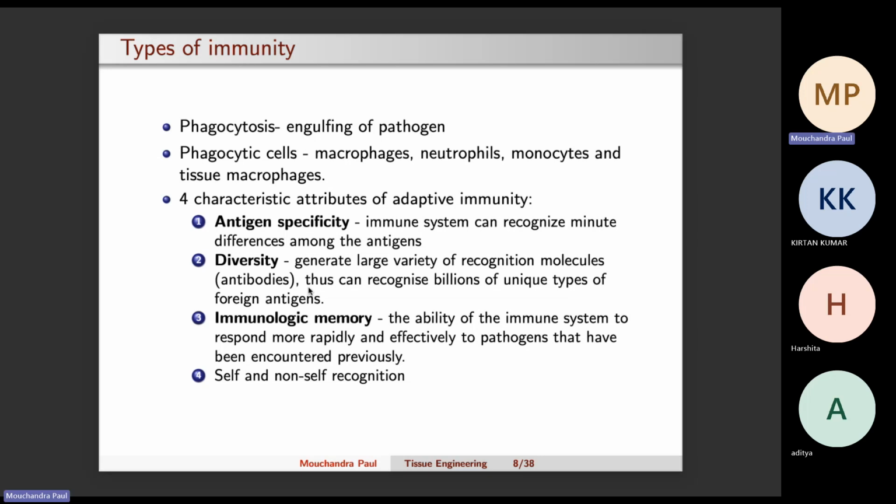Okay, then this immune system also has immunologic memory. So if suppose you were attacked by some pathogen a few years back, a few of the cells of this adaptive immunity are called memory cells. So they will remember that attack.